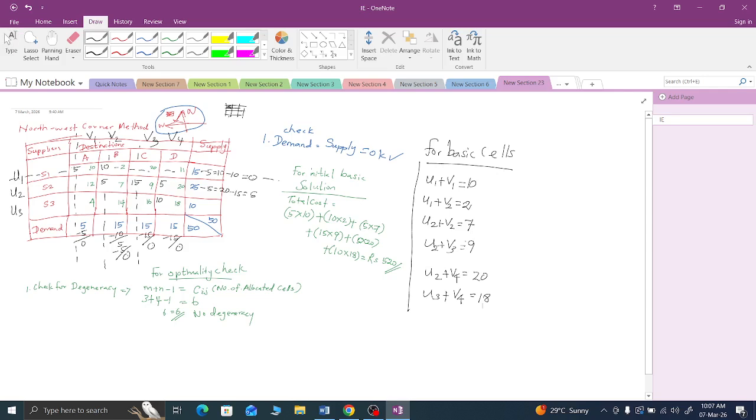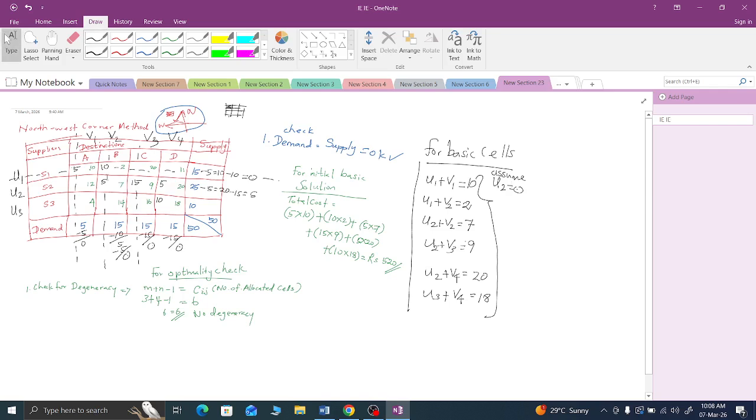So for these basic cells, we have to do something. We have to check the row of maximum allocation. Here it is only 2, here 3, and here only 1. So 3 allocations are here: 5, 15, 5.